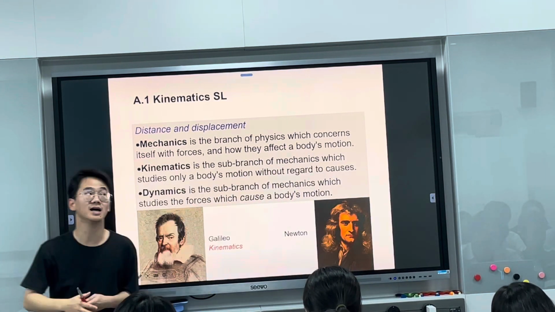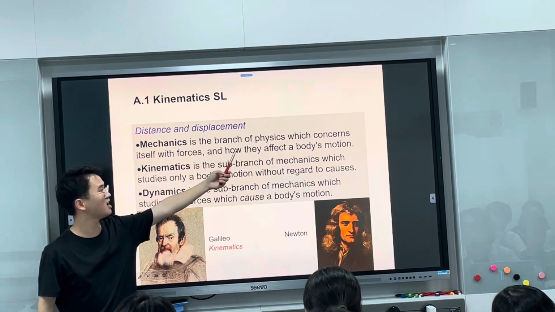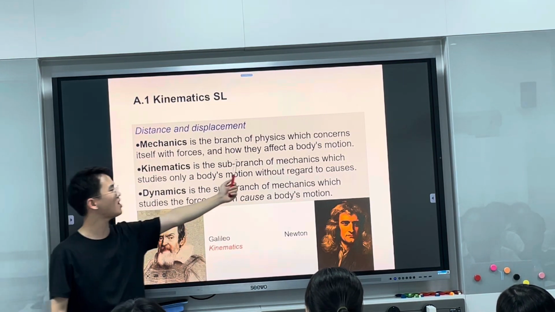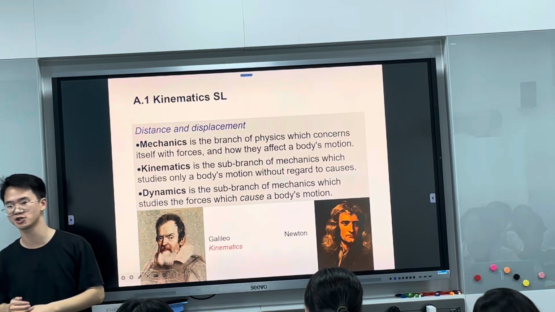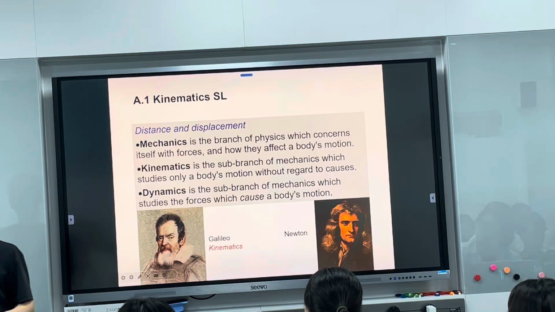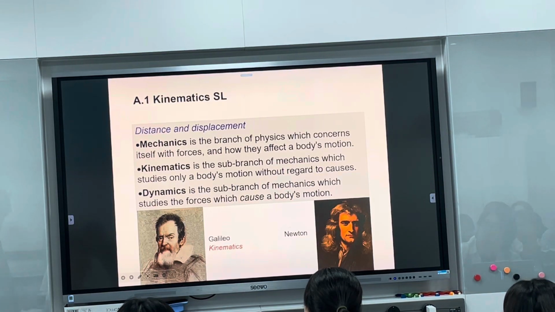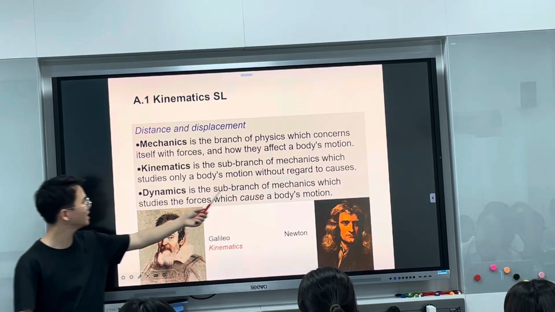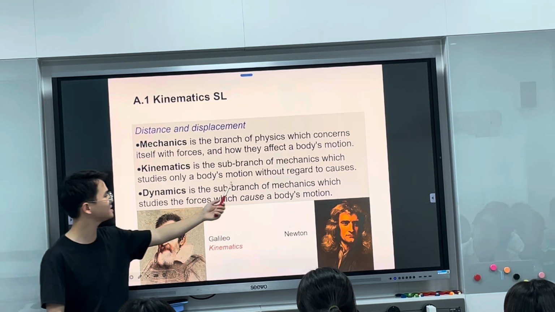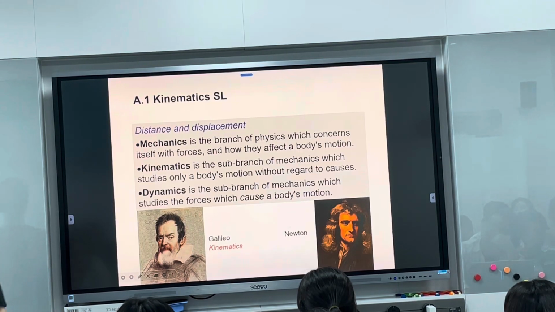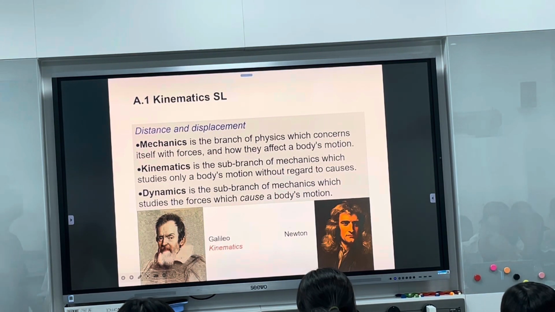What is mechanics? Mechanics is the branch of physics which concerns itself with forces and how they affect a body's motion. In Chinese, we translate mechanics as 力学. Kinematics is the sub-branch of mechanics which studies only a body's motion without regard to causes, which translates to Chinese as 运动学.